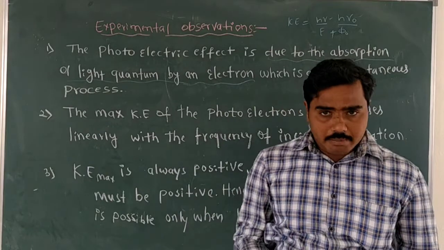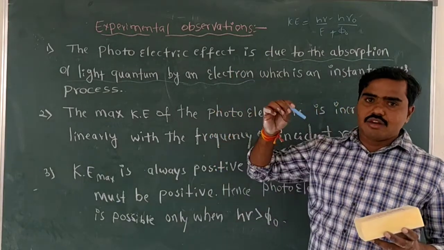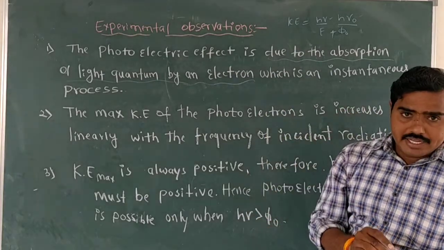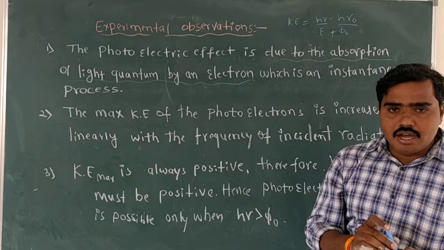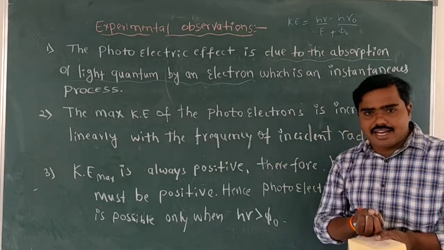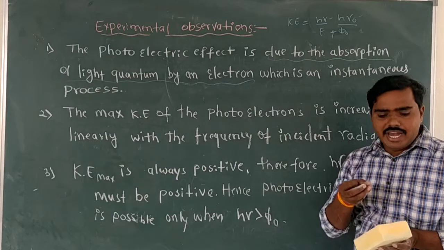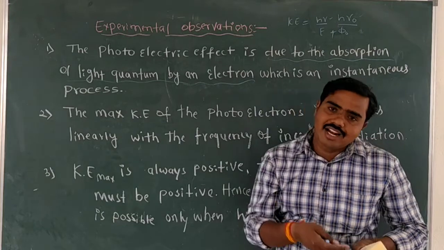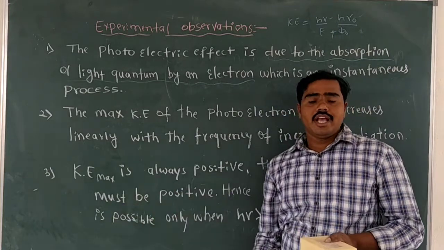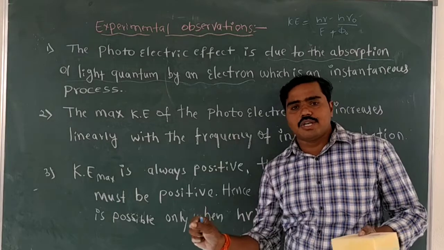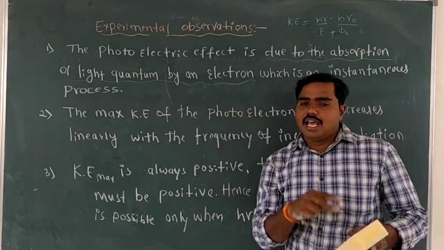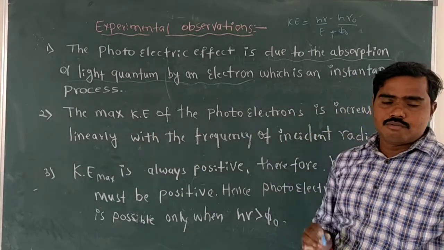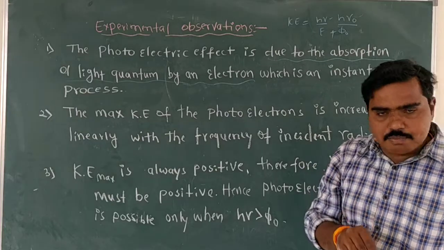It means when UV radiation with photon energy h nu falls on the plate, the electrons present on the plate absorb that energy, and within a fraction of a second, in the order of 10 to the power of minus 9 second, those electrons are liberated. This process goes on continuously. When UV radiation falls on the plate, electrons are liberated. That is the instantaneous process.